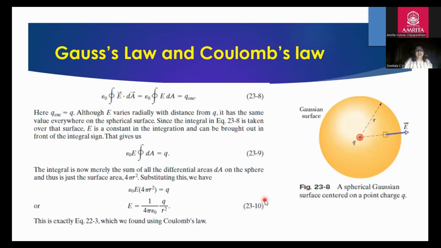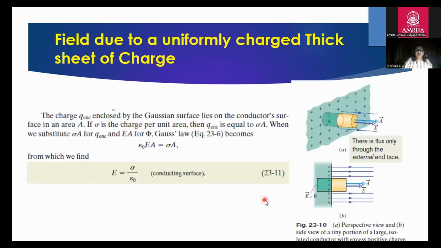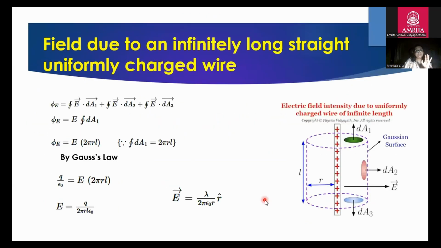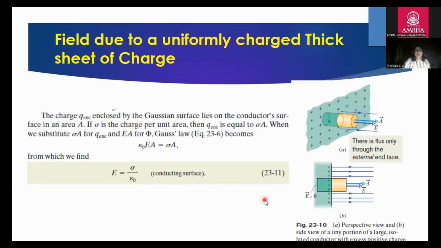That will be 1 by 2 pi epsilon 0 into lambda by r. And then you can find the electric field intensity due to a thin sheet of charge. It will be sigma by 2 epsilon 0. And for a thick sheet of charge, it will be sigma by epsilon 0.